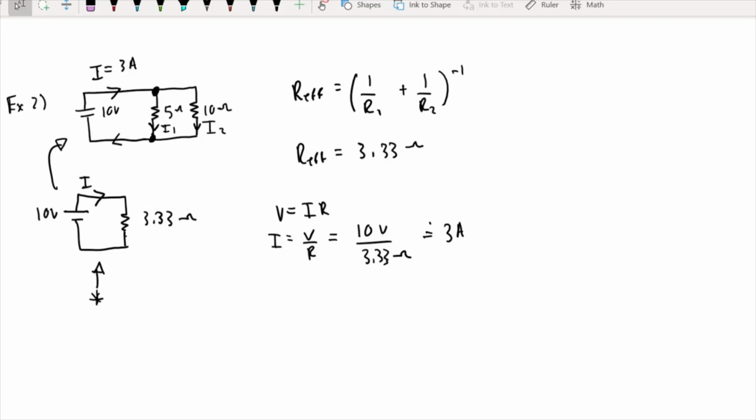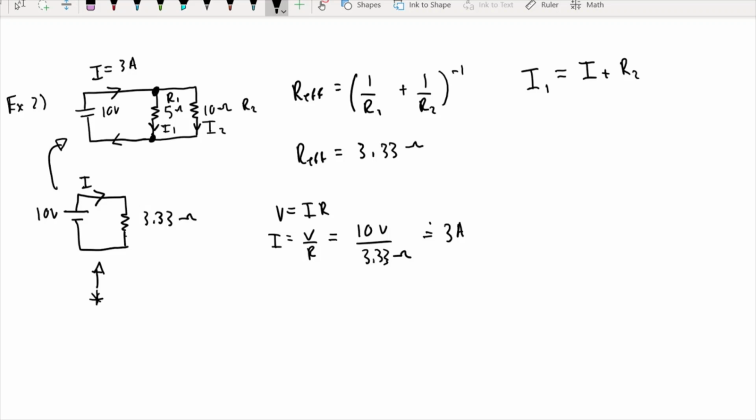The formula is I, whichever I you want. So let's say we want to find I1. I1 equals I total, the total current, so the 3, times R2. Now, which one is R2? R2 would be your 10 ohm, and R1 is going to be our 5 ohm.